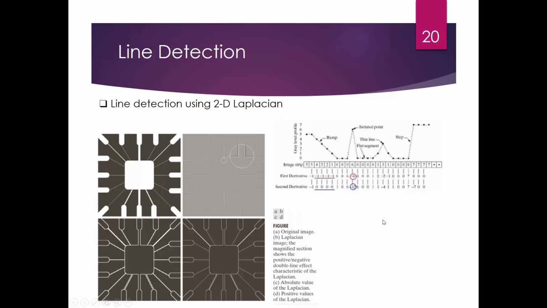As we know, the Laplacian is independent of direction, or isotropic in nature. So when we need to detect a line in a particular direction, the Laplacian is not going to be helpful.